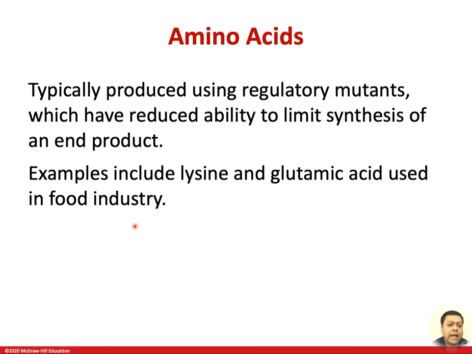These are flavoring agents. Glutamate is produced by Corynebacterium glutamicum. For the production of glutamate, the mutant species has a limited ability to convert a specific step in the TCA, or tricarboxylic acid cycle, which is also known as the Krebs cycle. This step is the conversion of alpha ketoglutarate to succinyl-CoA.